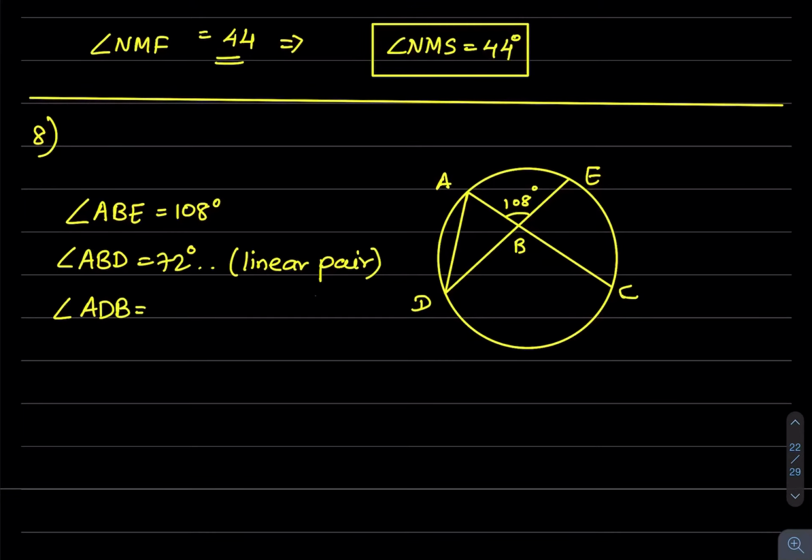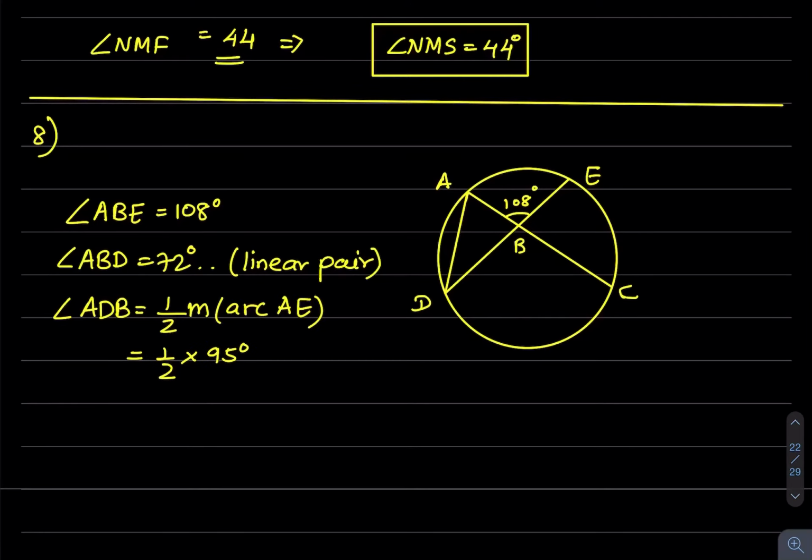Now in triangle ADB, we got this angle, so now we will find this angle ADB. Angle ADB is half of major arc AE because this is an inscribed angle. So by the inscribed angle theorem, angle ADB is half of major arc AE.